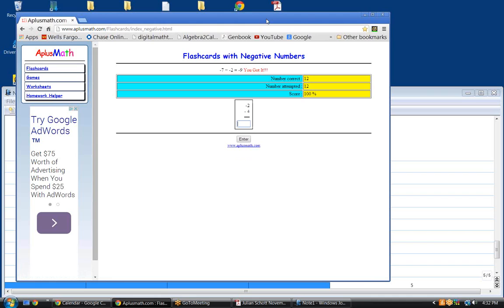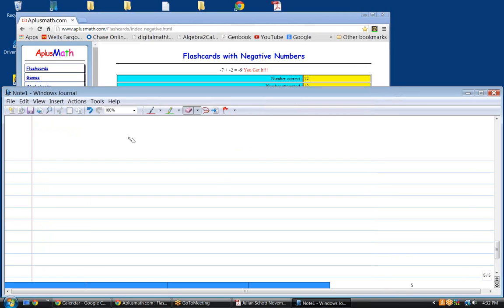All right, let's do that one for me, and then we'll go back. -6. Good. In other words, we have -2 -4. What I suggest everybody does here is change our subtraction into addition.